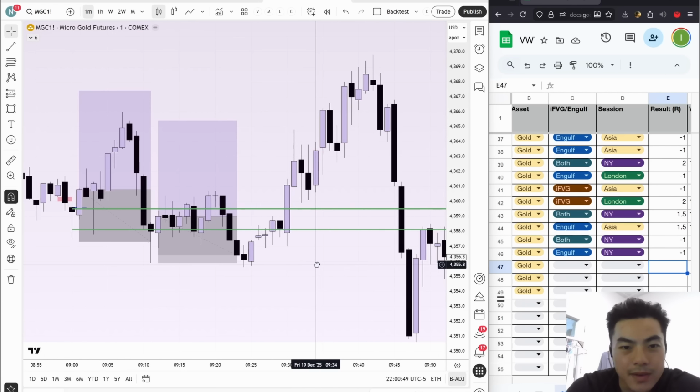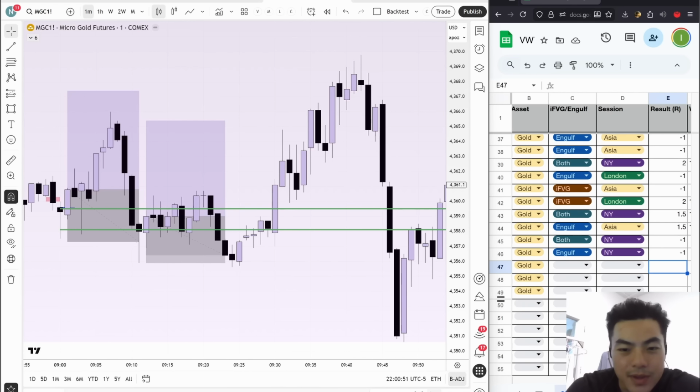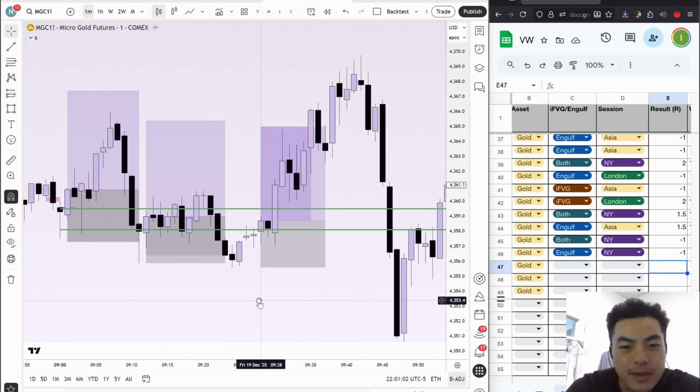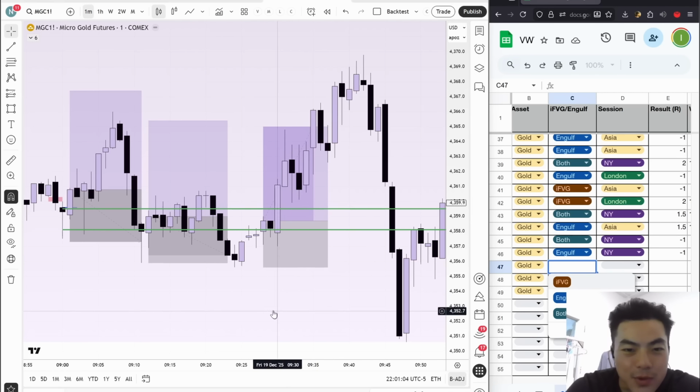And then a third entry. Let's see. Bang, bang, bang. 2R. What's the entry model here?